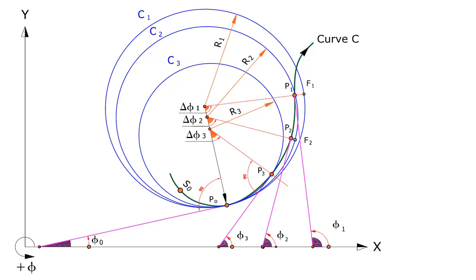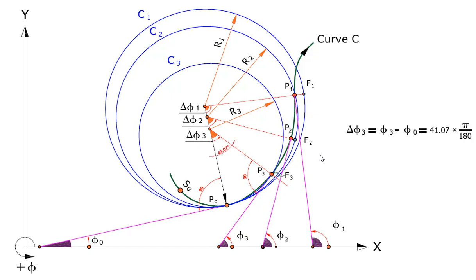We can see now that point P3 over the curve is getting very close to point F3 over the circle. Now they are getting very close to each other, so we have a more realistic evaluation of the curvature at point P0.